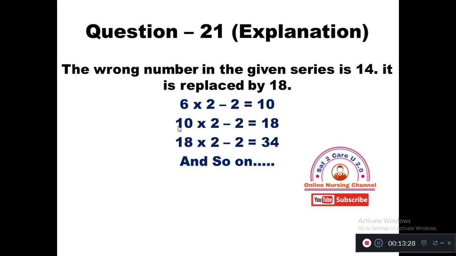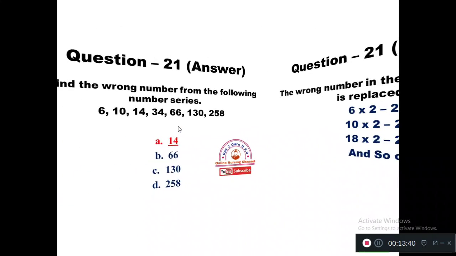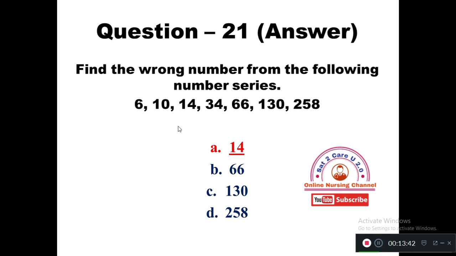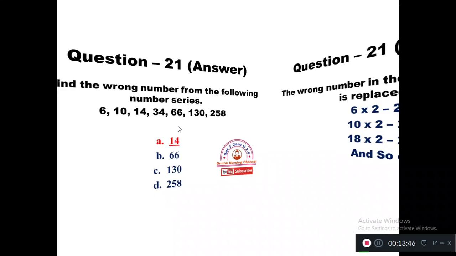So 14 is the wrong number in this series. Similarly, with 18, we get 36, and when we minus 2, it will be 34, and it goes on. So the right answer is 14. Hope you get it clear.